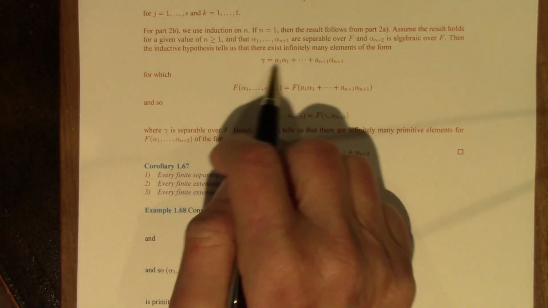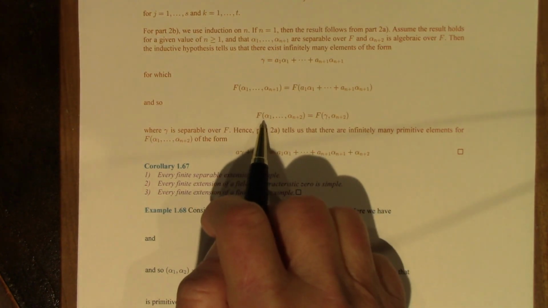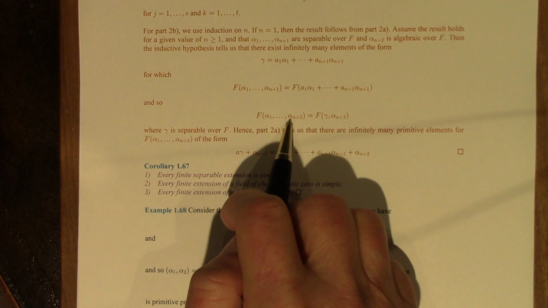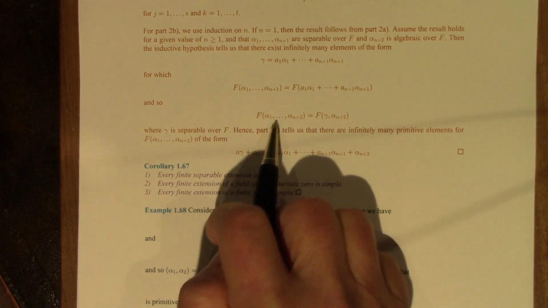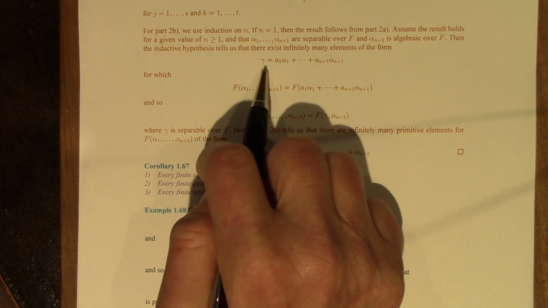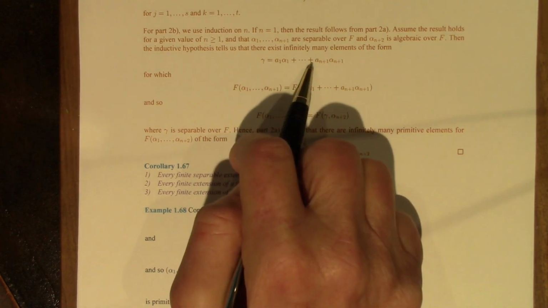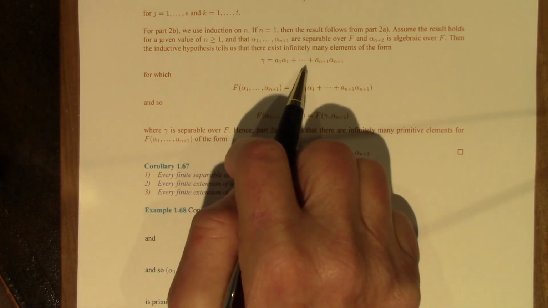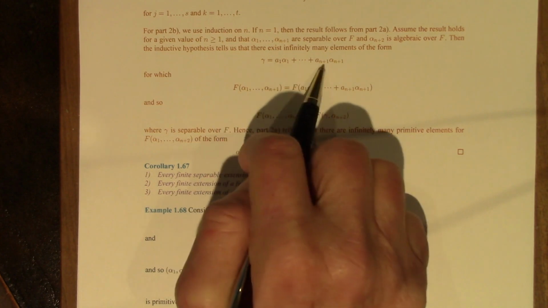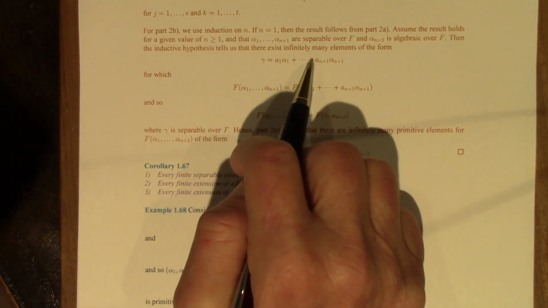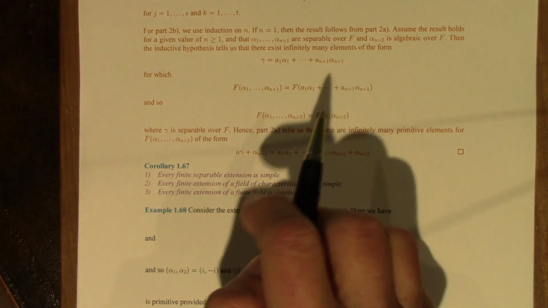And I'll call this gamma, and so if I include now alpha n plus 2, then, and by the way, again, this is critical, gamma is separable because each of alpha 1 through alpha n plus 1 is separable. All the a's are separable, so gamma is separable.